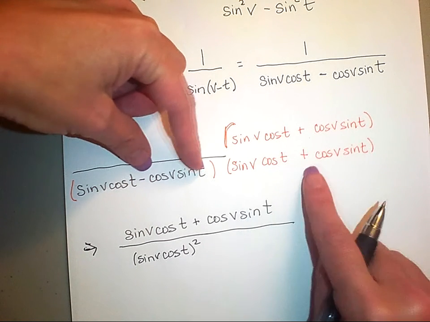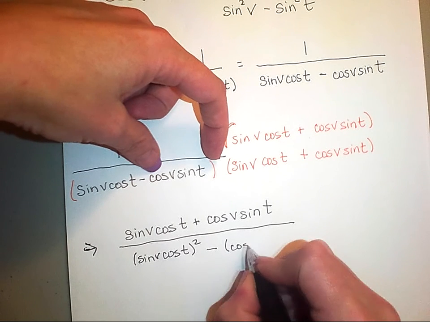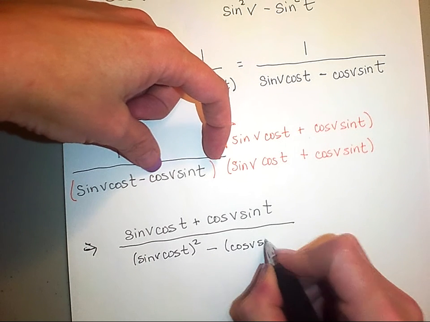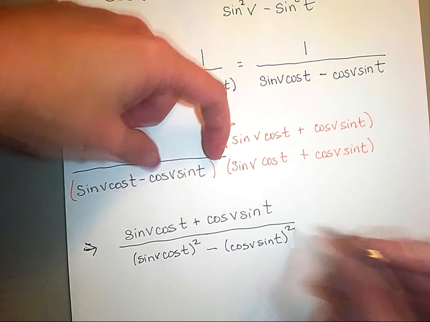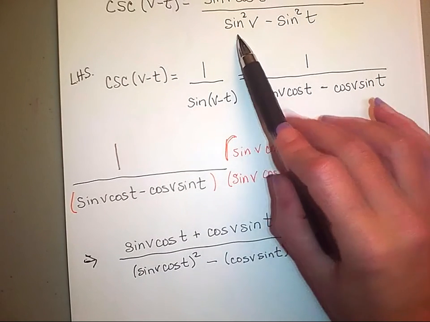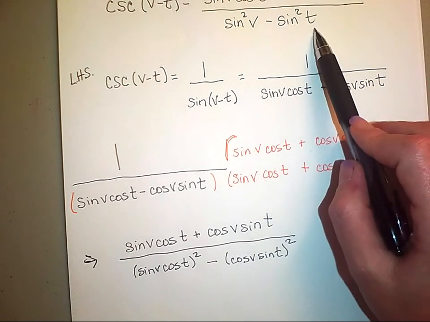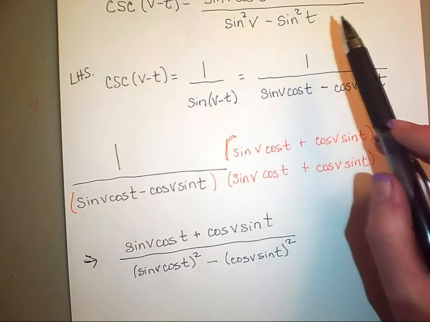So those two will go away, and I'll just be left with the last, which is minus this cosine of v sine of t squared. Now I want to get to this denominator being sine squared v minus sine squared t.